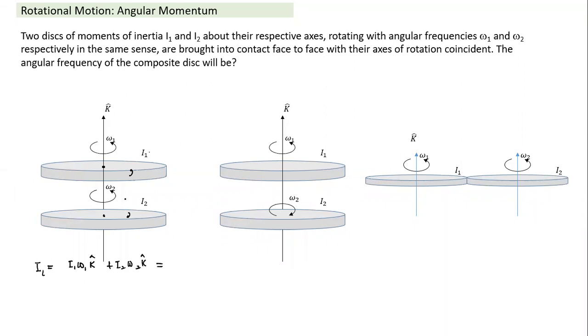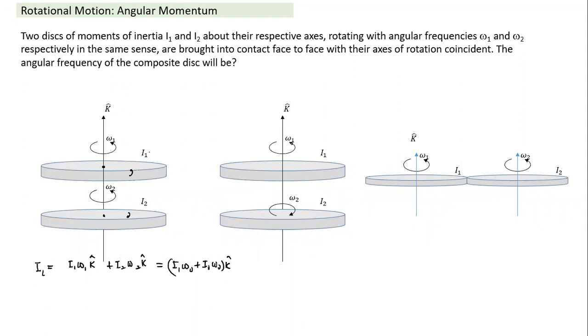And after some time, when they start rotating with a common angular velocity, the final angular momentum will be I1 omega naught plus I2 omega naught, the whole thing along k cap. I can find the common angular velocity after the slipping stops. This is the case when both are rotating in the same sense.